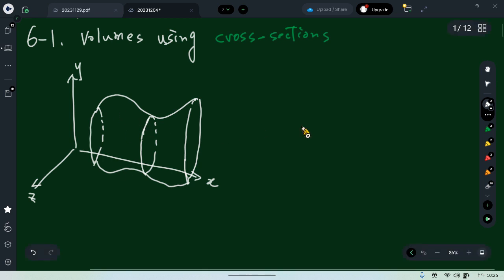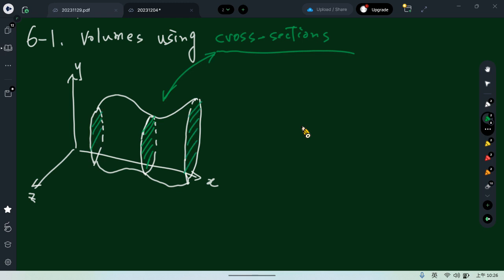We definitely need to use the definite integral to get the volume. Okay, so the first idea is about using cross-section to get the final volume. So what is a cross-section? Cross-section means like this. When you just use a plane to cut, then you can get the cross-section.